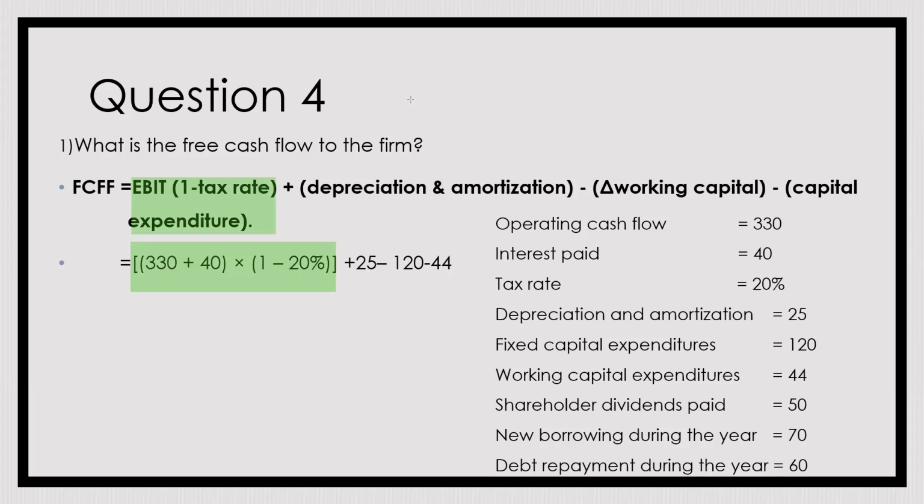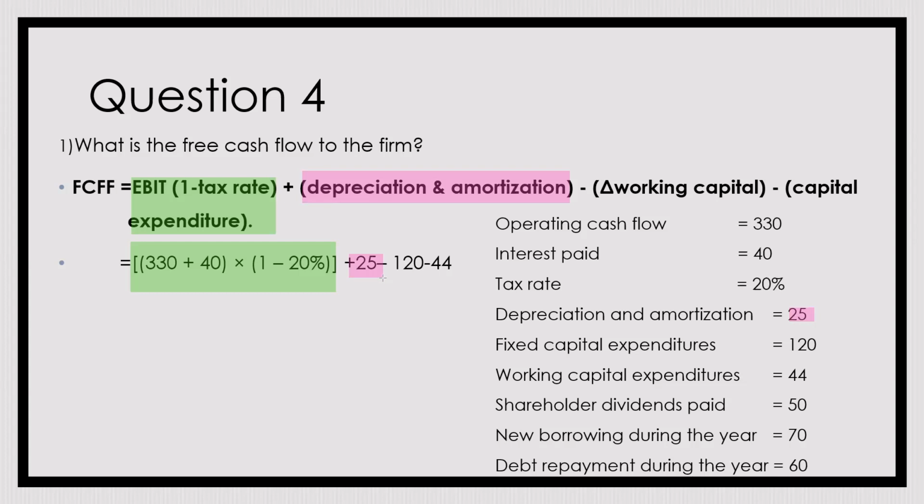Then next, we are going to add the depreciation and amortization. So the depreciation and amortization figure is 25. So we are going to add them because there is no cash involvement there.